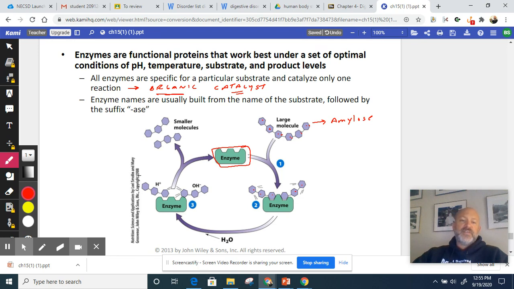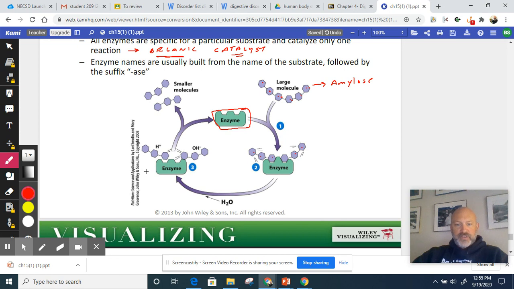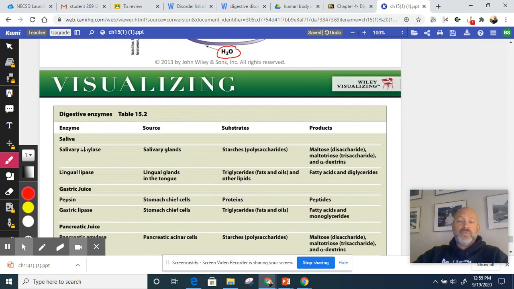In this case, this is a digestive reaction or hydrolysis reaction. Of course, we need water for that, right? And we would have products, smaller molecules as the products. And then this enzyme would be free to perform this reaction again and again and again. We recycle enzymes. As long as they're there, we can use them and reuse them.